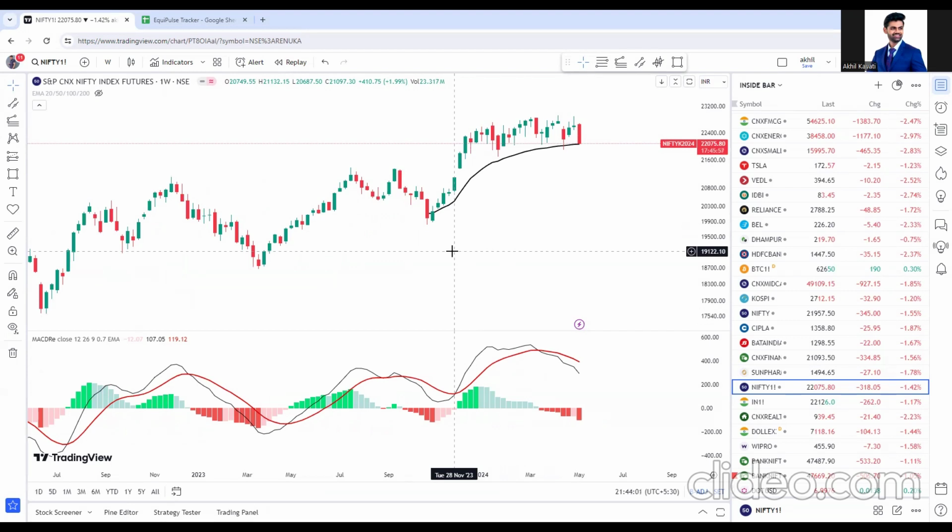So it is 20,749, and during the course of the week the market made a high of 21,132 and a low of 20,687, and finally settled at 20,097. Whenever we write a daily close or weekly close in our write-ups, this is what we mean. It is important because this is the price at which traders have settled.